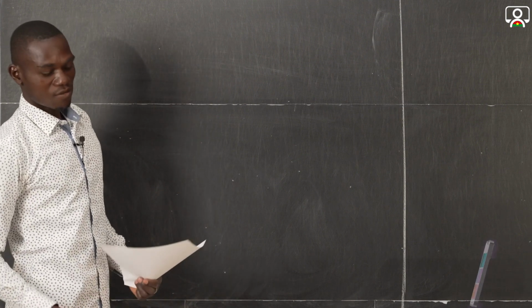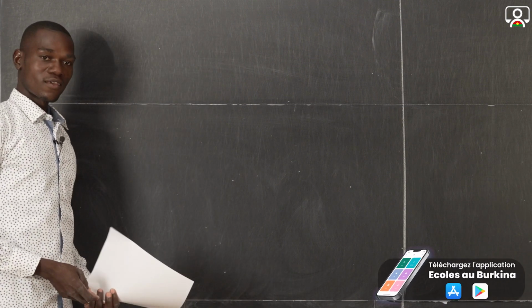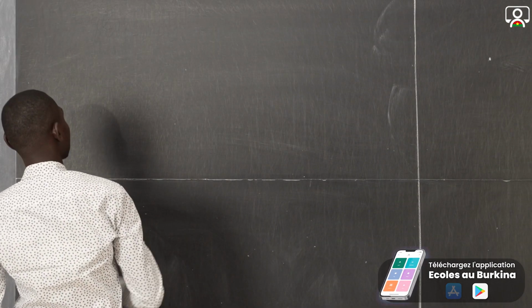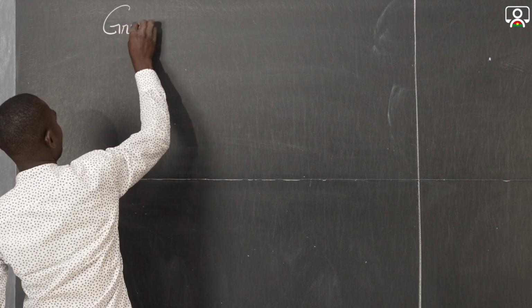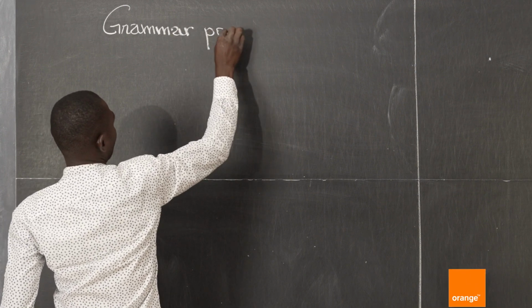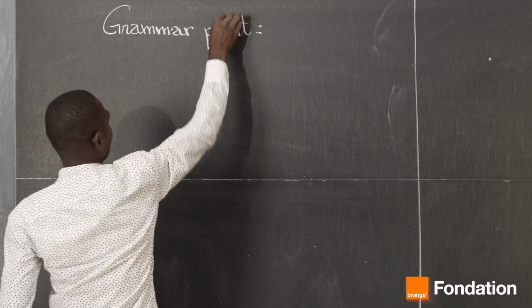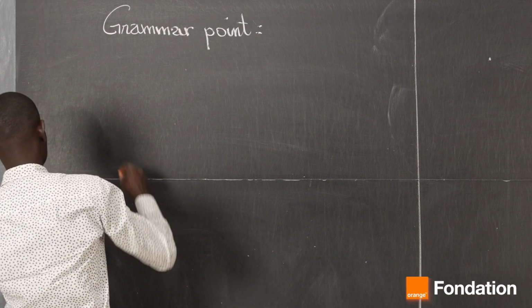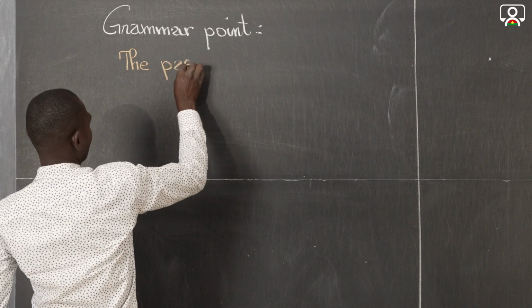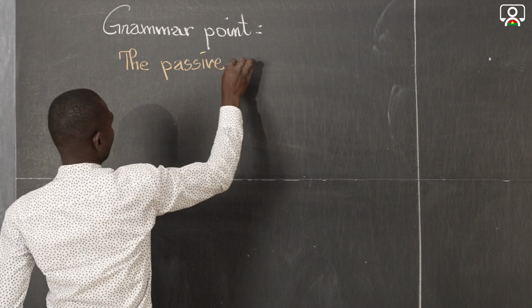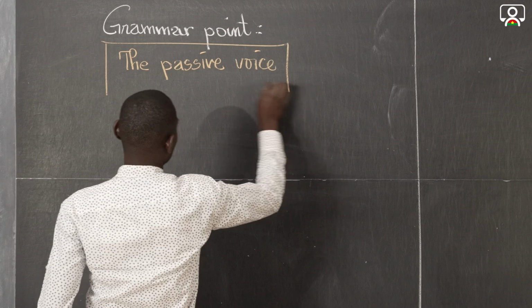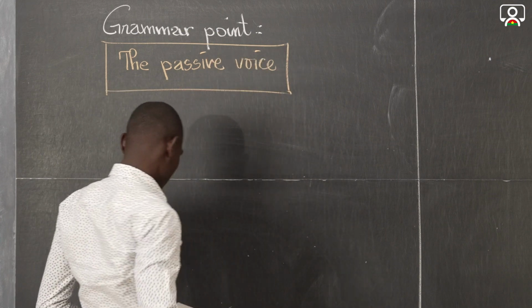In this lesson we begin with a capital A, the form, how to form the passive voice. Grammar point: the passive voice.